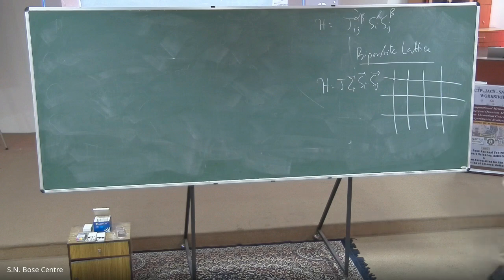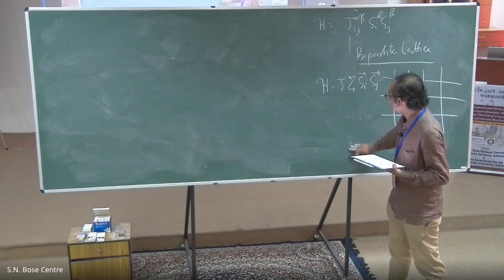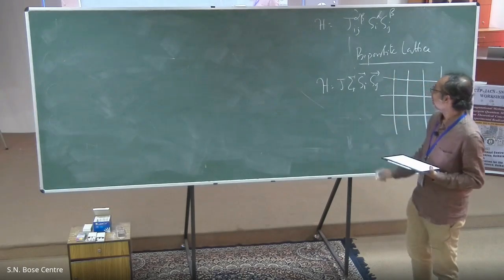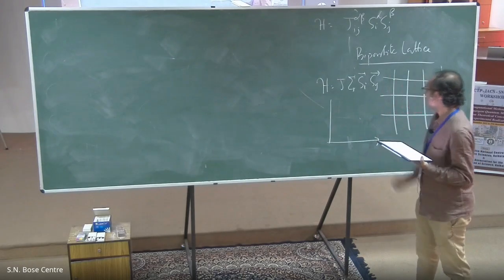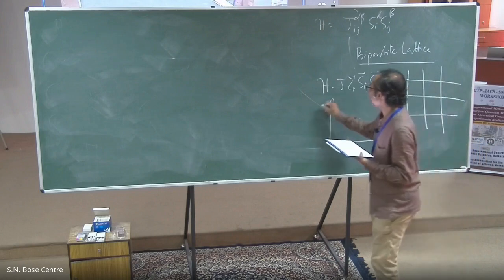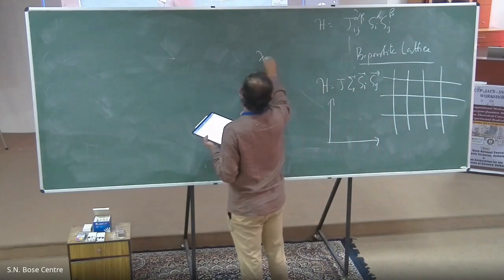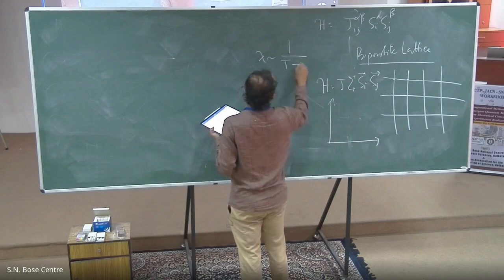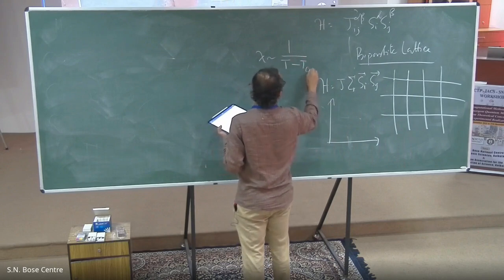Okay. So what happens is that in experiments, the susceptibility at high temperature goes as 1 over T minus theta.